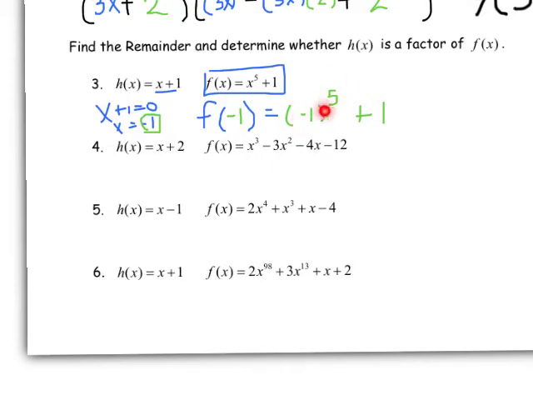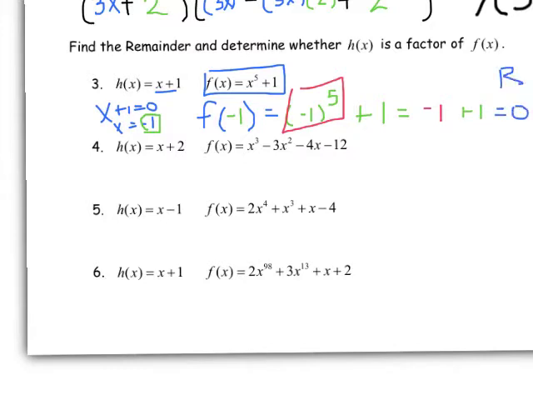Negative raised to odd powers is going to stay negative because you're going to have an odd number of negative signs. So it's going to stay as -1. And then I still have to add 1 to that, plus 1. -1 plus 1 is equal to 0.